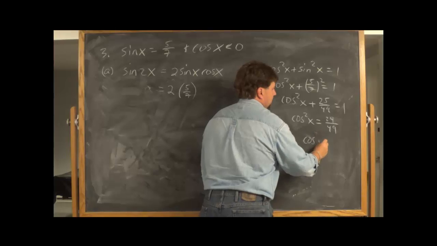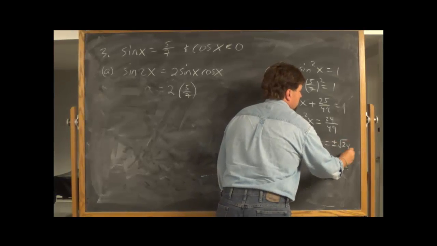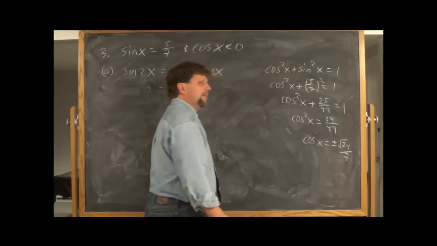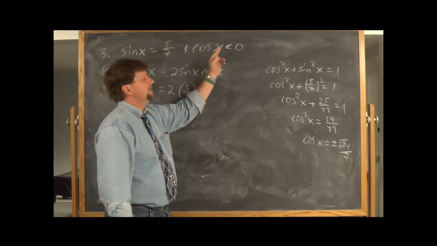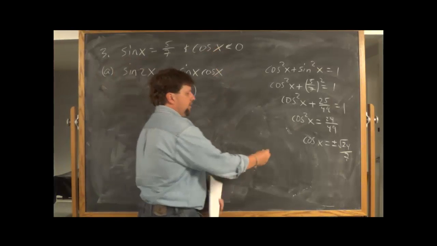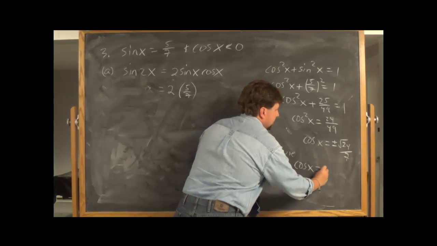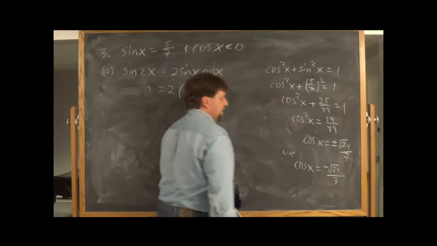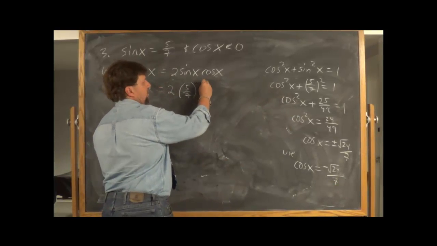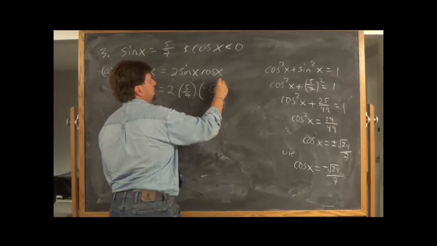And I get cosine x equals plus or minus the square root 24 over 7. But for this problem, since we're told cosine is negative, I will use the negative square root 24 over 7. So cosine x is negative square root 24 over 7.